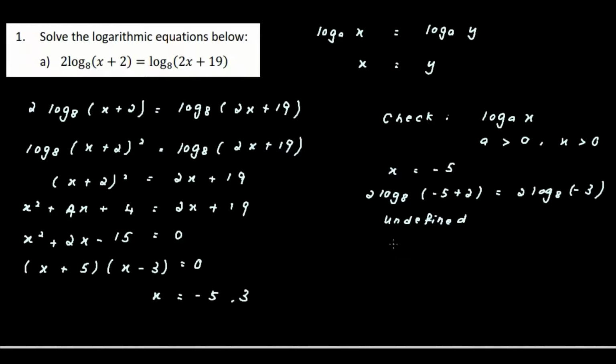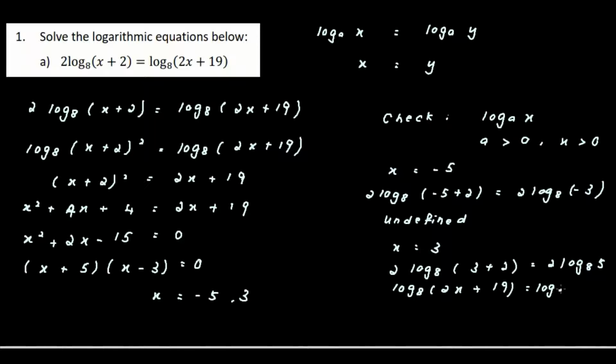The same thing, we need to check with the other one, x equals 3. So 2 log 8 (3 plus 2). So you get 2 log 8 of 5, which is correct. Then the other one is log 8 (2x plus 19). Then you substitute your 3, and you can see that you are definitely going to get a positive number, right?